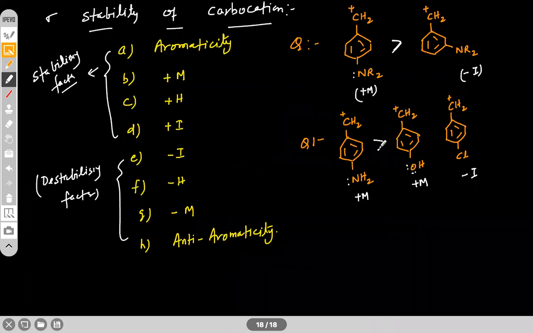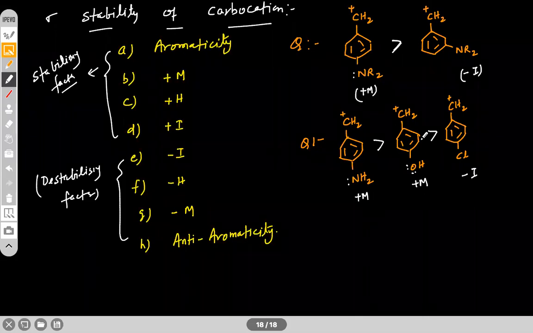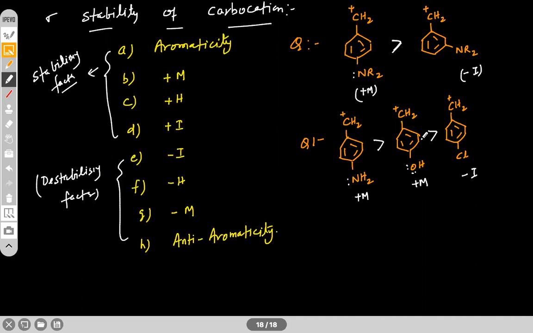Hence the stability order is this. Correct? Any doubt in this?